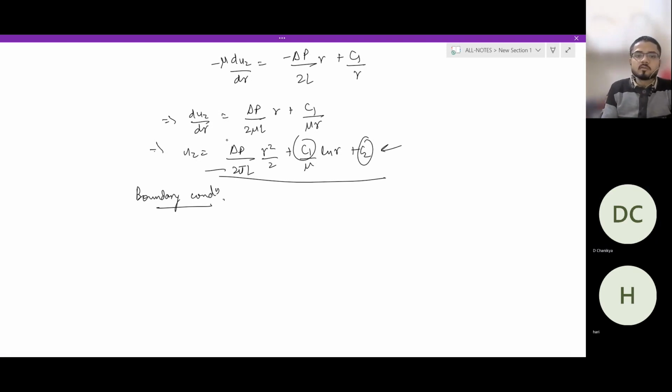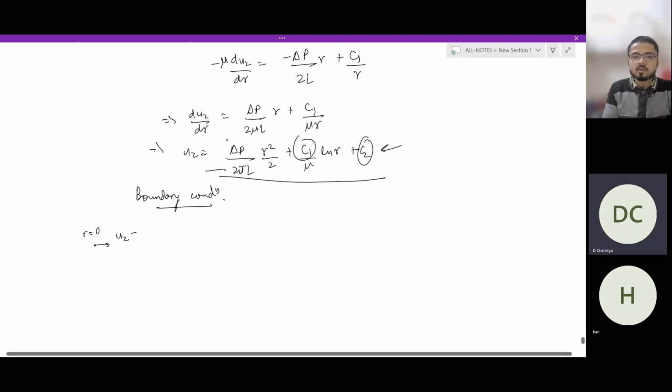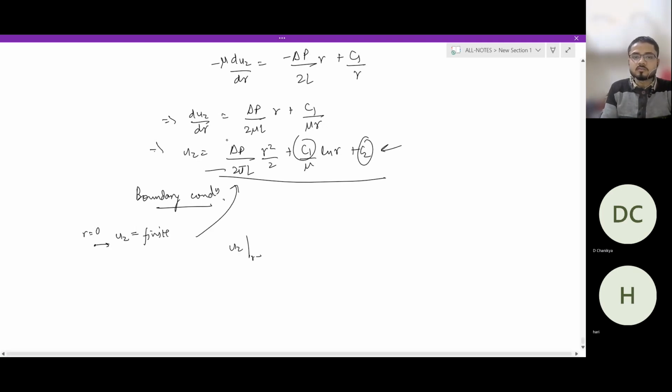So for the boundary condition, what you can say is that at the center line at r equals 0, uz would be finite, right? But here, if you put the limit uz at r tends to 0, what would happen? The first term would become 0, right? C1 by mu ln r as r tends to 0, plus c2, right?